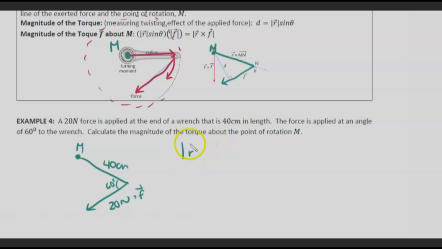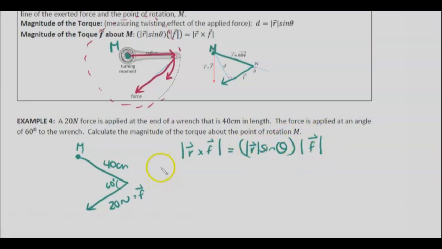So if we have the magnitude of R cross the magnitude of F, we are going to have the magnitude of R sine theta times the magnitude of F. So first we're going to convert this 40 centimeters into meters. 40 centimeters very easily divided by 100 is 0.4 meters. So we're going to use meters. So the radius is 0.4, and then we have sine theta.